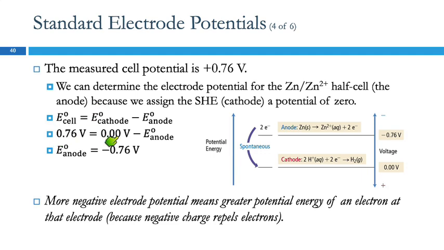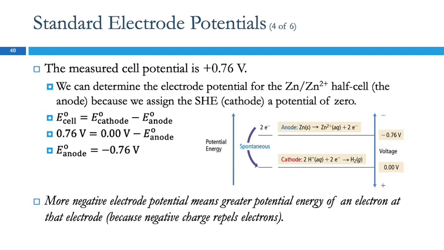The cathode is the standard hydrogen electrode defined as 0 minus the anode, and so the anode ends up being negative 0.76. The more negative electrode potential means greater potential energy of an electron at that electrode, because negative charge repels electrons. So this being negative says, oh yeah, the electrons are going to want to move away from that.